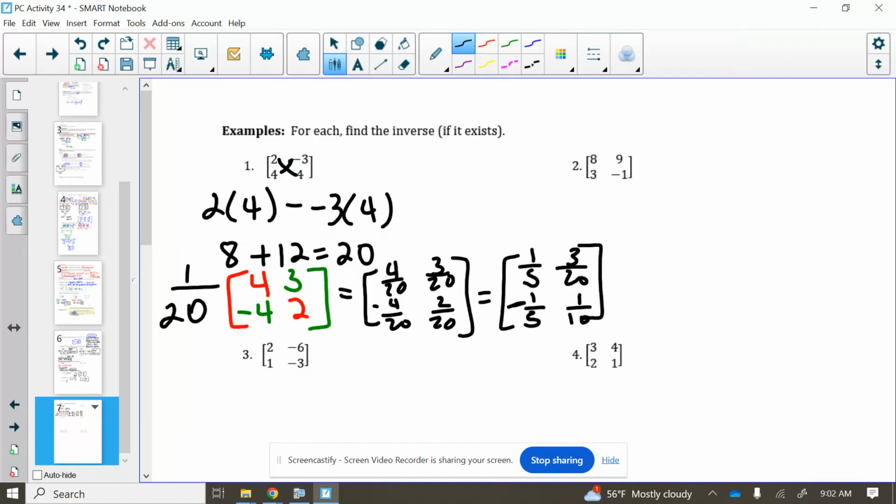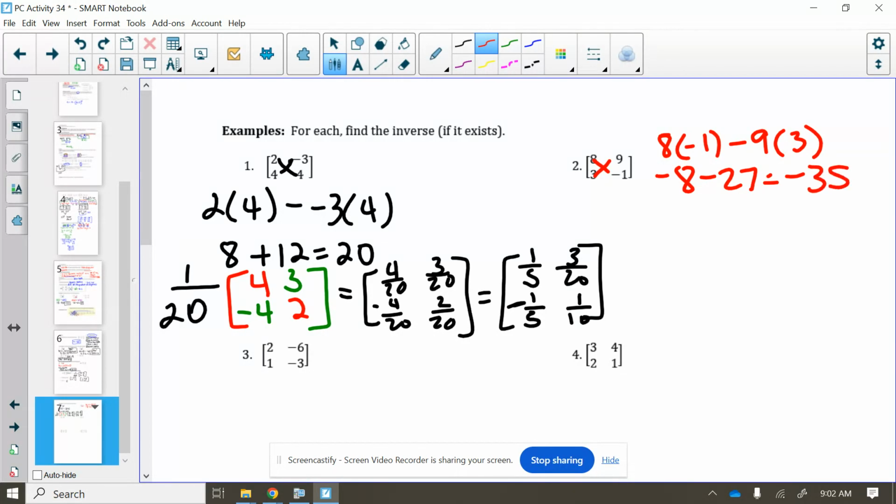On the second one, if we look at this example, again, start by finding the determinant. 8 times negative 1 minus 9 times 3. We end up with negative 8 minus 27, so negative 35 is our determinant. That's not 0, so this is going to have an inverse, and we put that out front. Then A and D switch spots, and B and C flip signs, so positive becomes negative for both of those.